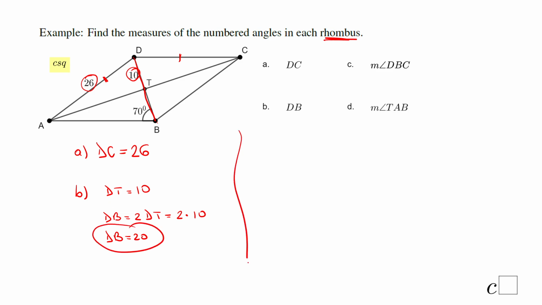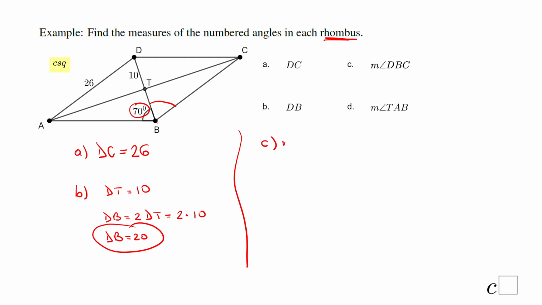Let's move to C and D, where we need to work with some angles. We need to find the measure of angle DBC. Okay, so let's see that angle DBC. It's this angle. You notice I marked the same as this angle, 70.